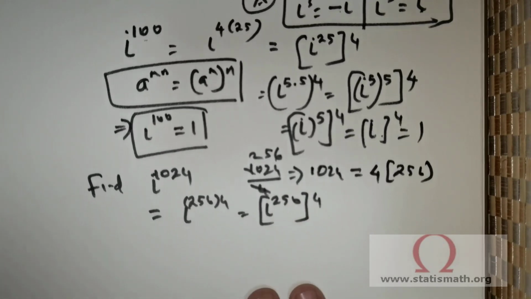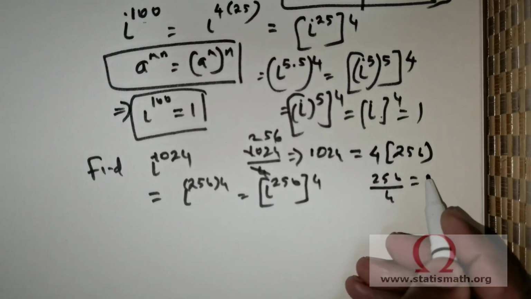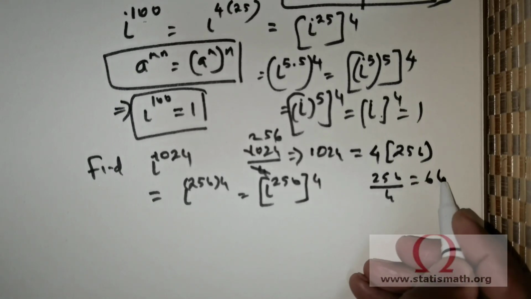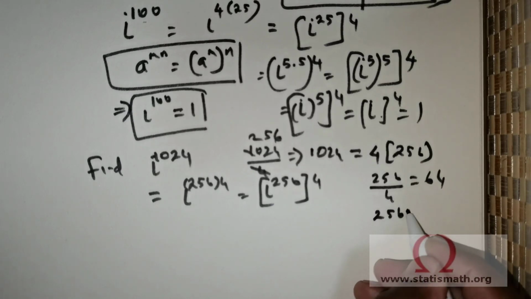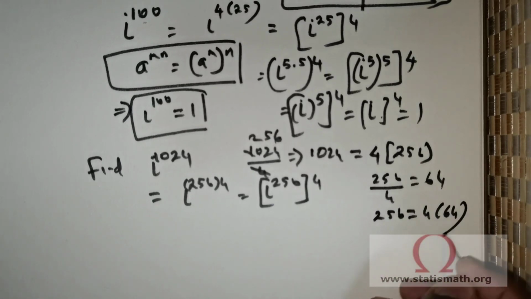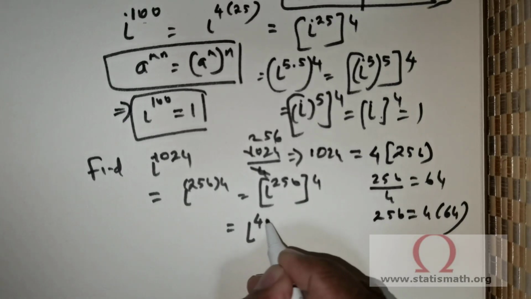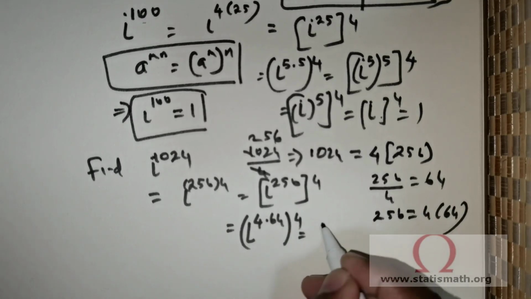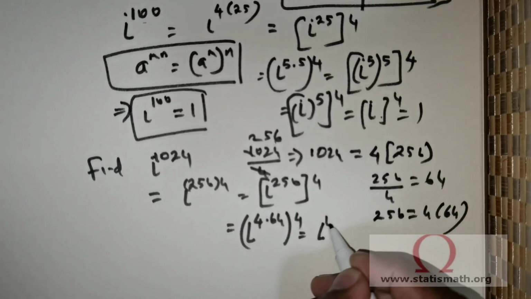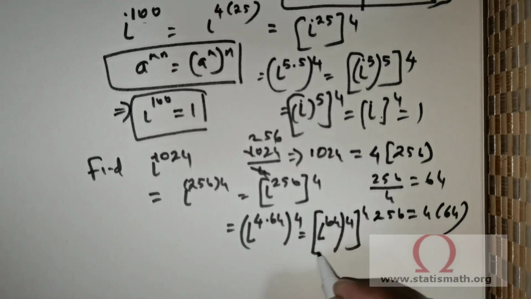Now, what is 256? Now, 256 divided by 4: 6 4s are 24, carry 1, 4, so 64 times. So I can write 256 as 4 multiplied by 64, right? So this is going to be i raised to the power 4 times 64, raised to the power 4. This can further be rewritten as i raised to the power 4, raised to the power 64, raised to the power 4.